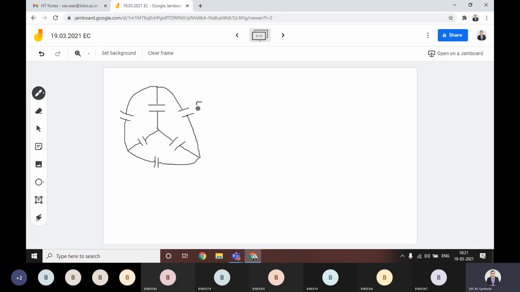This is C1, this is C2, and this one is C3. Then this one is 1 farad, this one is 2 farad, and this is 3 farad. You have to find the values of C1, C2 and C3. Your time starts now. Get the values of C1, C2 and C3.